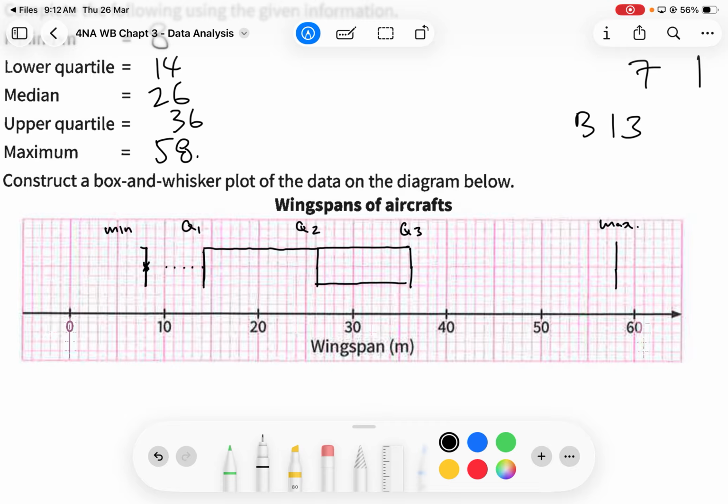Okay, so Q1, Q2, Q3 form the box. Then from Q1 to minimum, we draw in the middle to draw the whisker. Q3 to maximum, draw in the middle to form the whisker. Like that. Done.